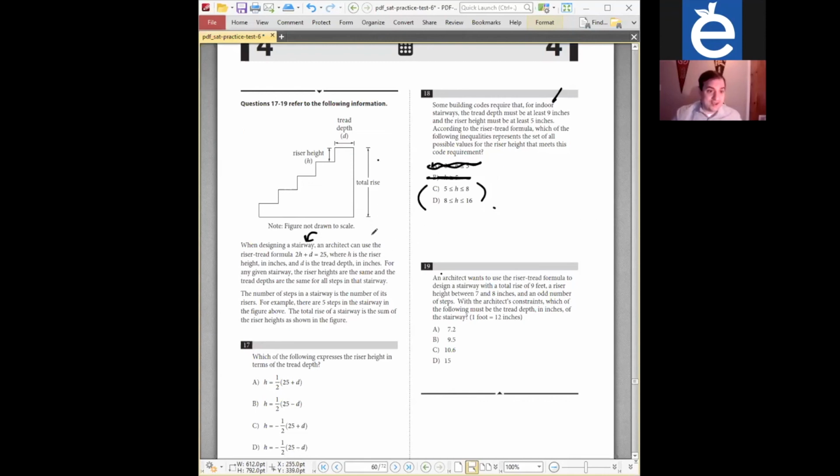So we have 2h plus 9 is equal to 25. 2h minus 9 is equal to 25... 2h is equal to 16. H is equal to 8. So it has to be between 5 and 8. There we go. Boom roasted.